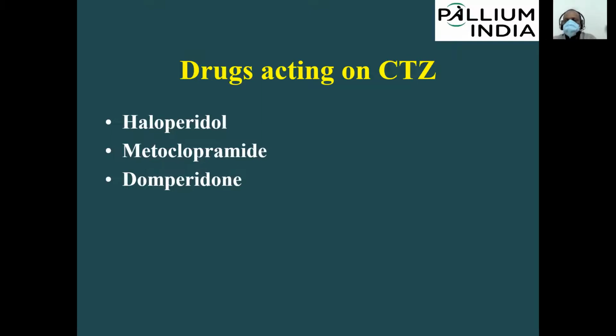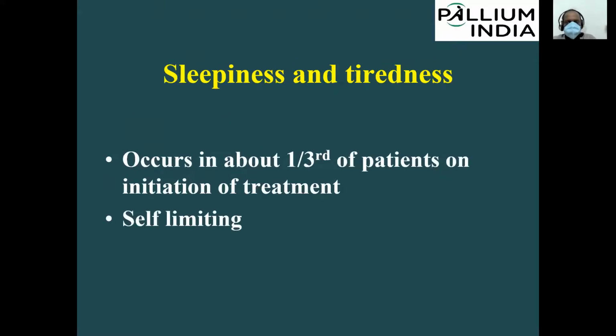And the nausea and vomiting is due to action on the chemoreceptor trigger zone, which is an area in the brain. And sleepiness and tiredness also occurs in only one third of the patients for the first few days. It will disappear in a maximum of 1 week. So you need not do anything for this.